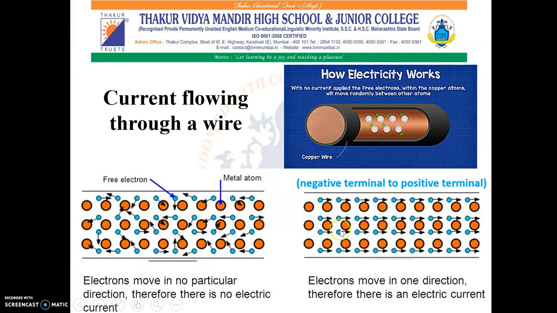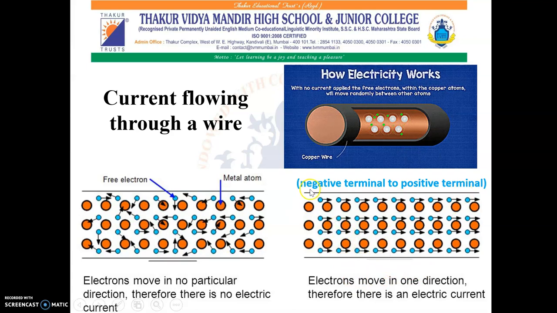But when we connect the two ends of the wire to the two terminals of the cell, electric force acts on the electrons, and being negatively charged, they start moving from the negative terminal to the positive terminal. That means from the terminal with the lower potential to the terminal with higher potential. Due to the flow of these electrons, the electric current starts to flow through the wire.